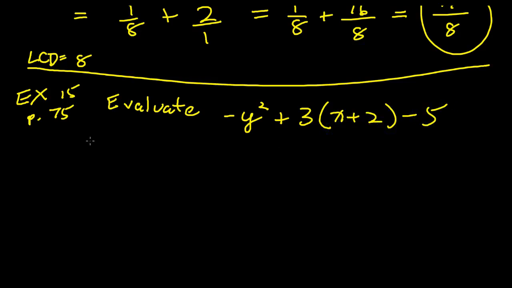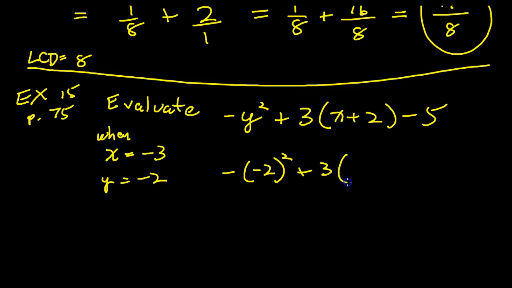So we've got 2 variables involved in this expression, but don't panic. I'll say when x is minus 3 and y is negative 2. That means wherever I see a y, I plug in a minus 2, and wherever I see an x, I plug in a negative 3.